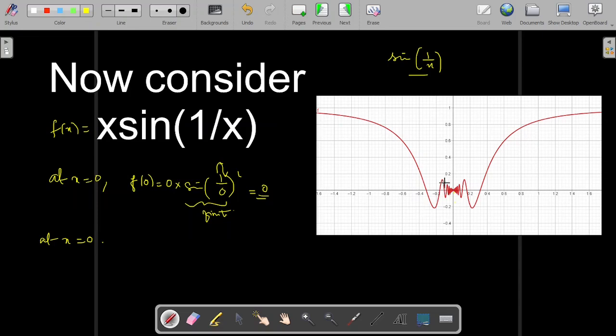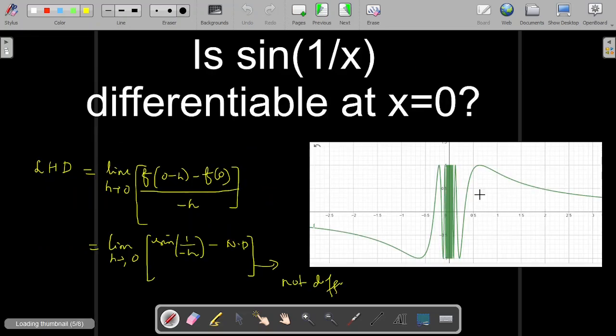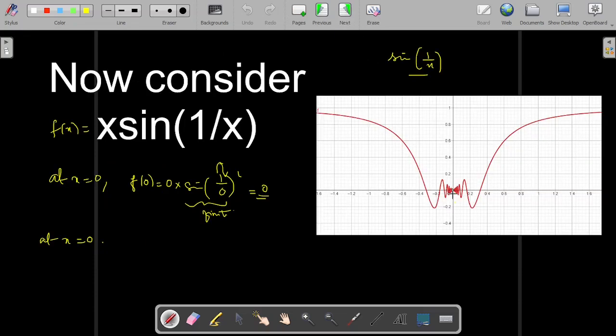This hammer dampens those oscillations and brings it to a smooth function. Previously the function had very sharp oscillations, but now they get dampened due to this factor, and hence you could get the value of the function at x equal to 0.